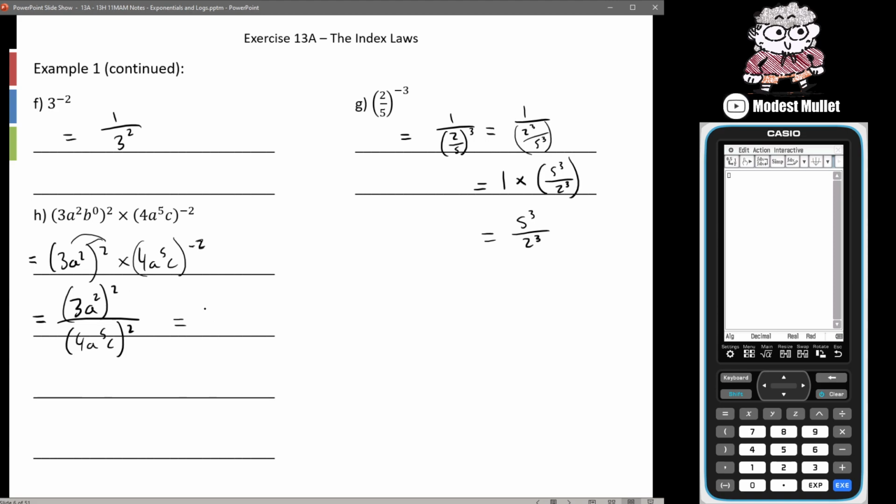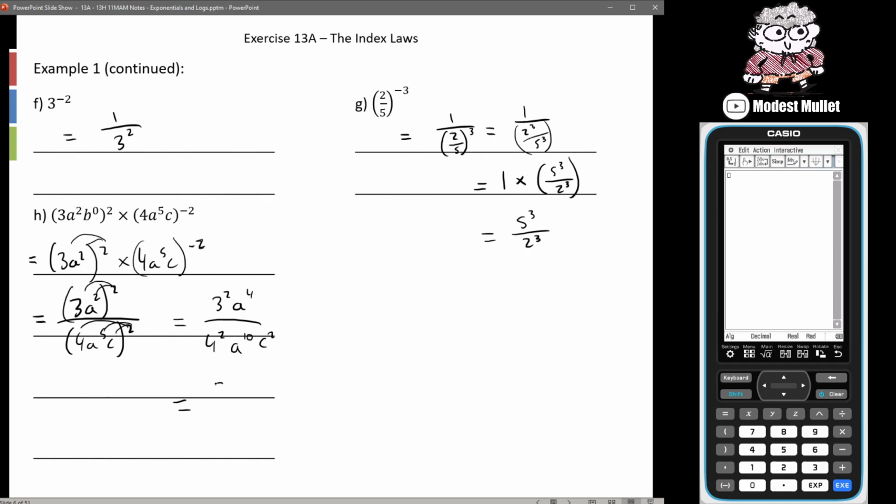Now we're going to bring those squares inside. So we get 3 squared a to the power of 4, because we bring it inside to everything. And same here, we have to bring this 2 inside to everything. So we get 4 squared a to the 10 c to the 2.